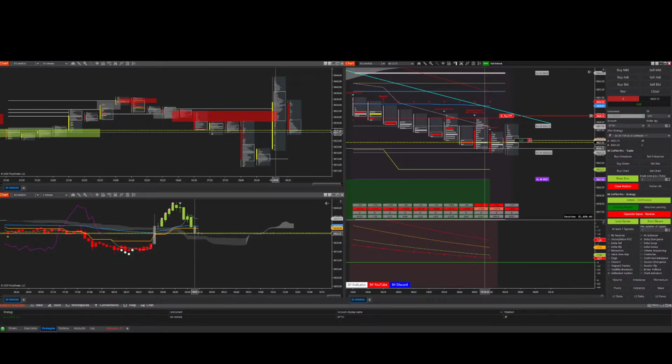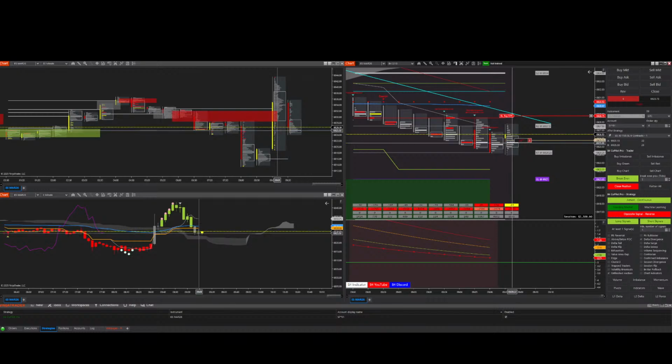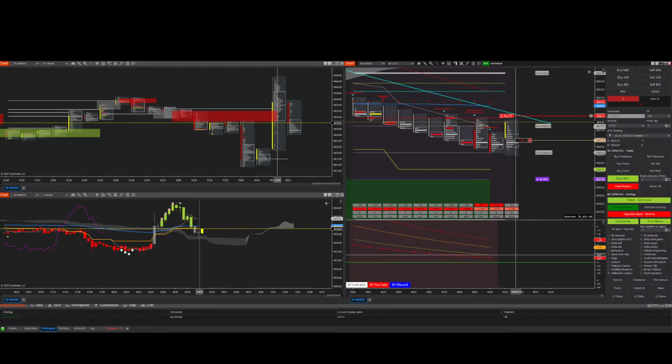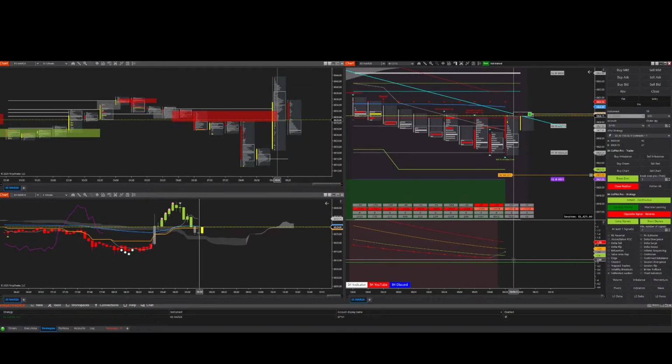Notice the value area here, value area there, value area here. And we are at the bottom of our extension here with a lower B4 indicator. Order filled.